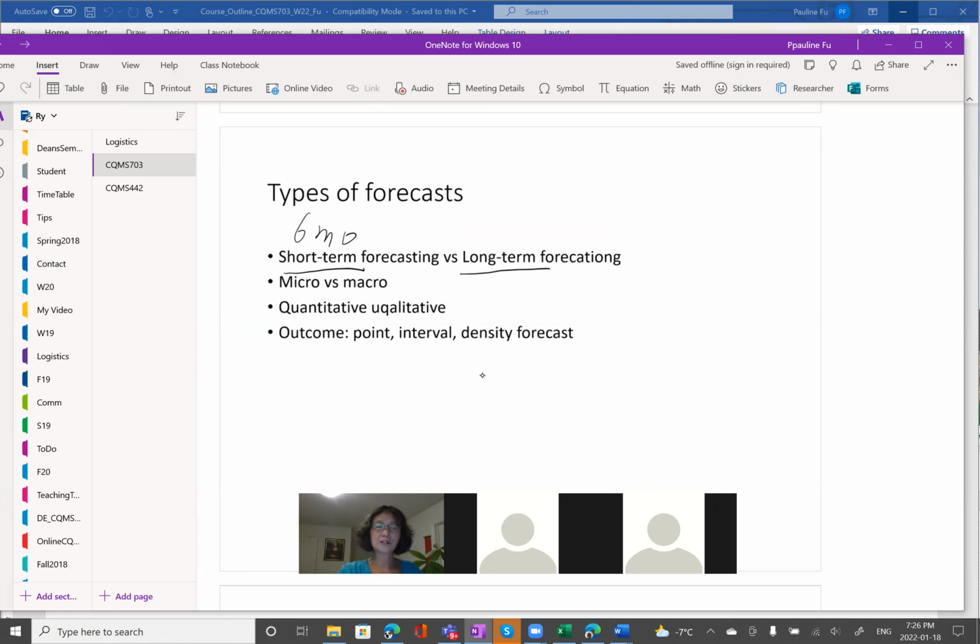If you divide forecasting based on the level of detail, we have micro forecasting and macro forecasting. For example, a company may consider how many employees it will hire. That is micro, very detailed: I need 10 employees, or I need 25 employees, based on my production.